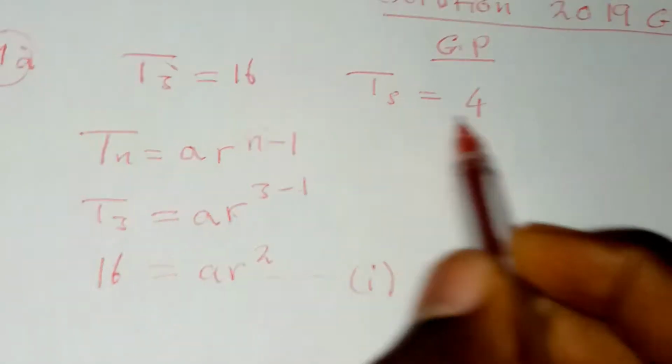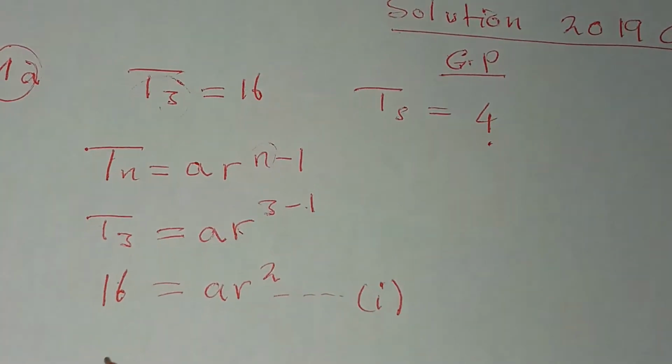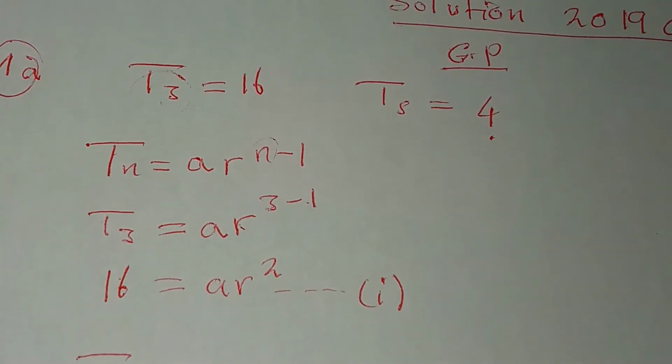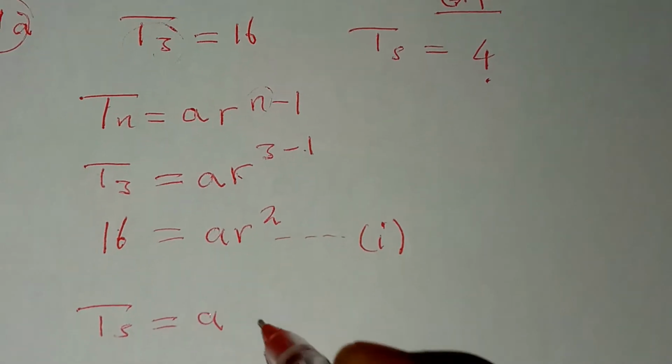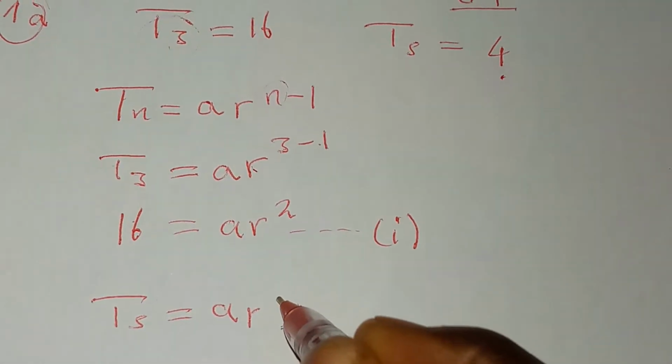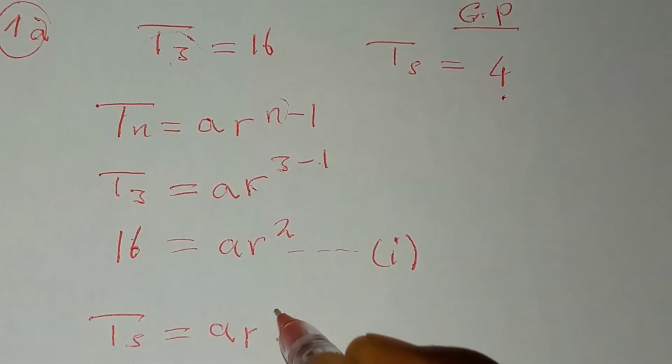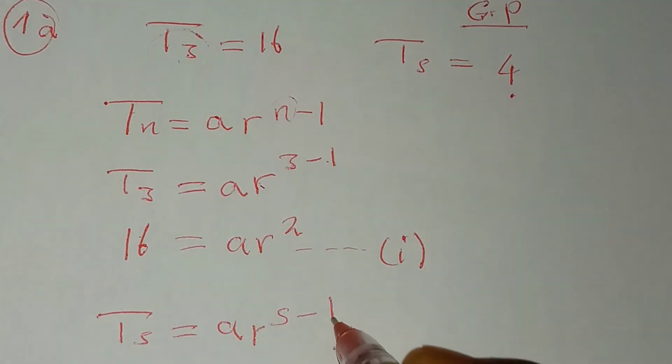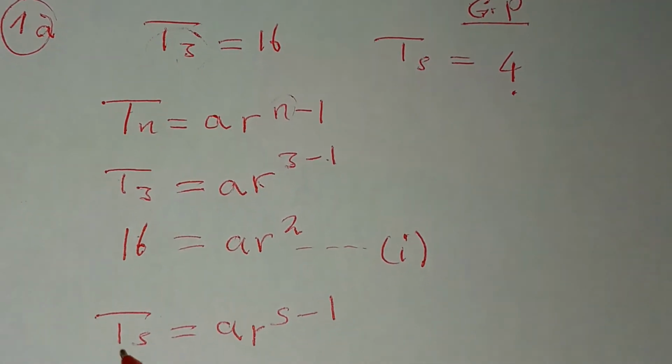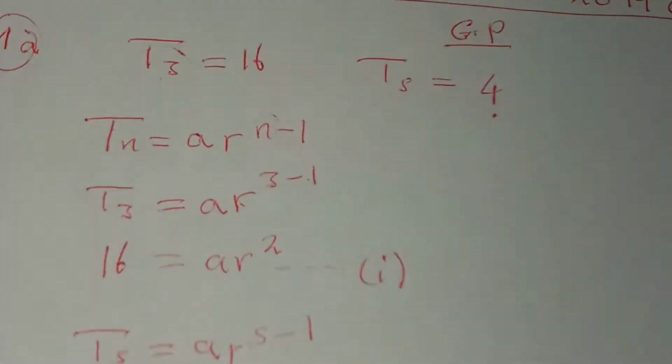Then you do the same to the fifth term. So the fifth term is equal to the first term multiplied by r to the power 5 minus 1. Now the fifth term they have said is 4.